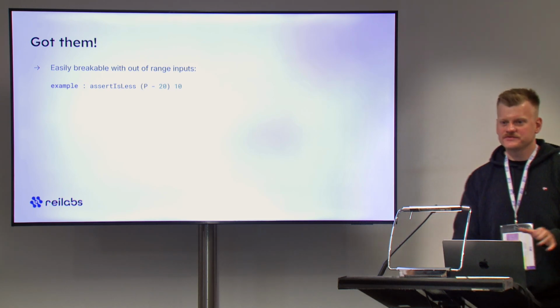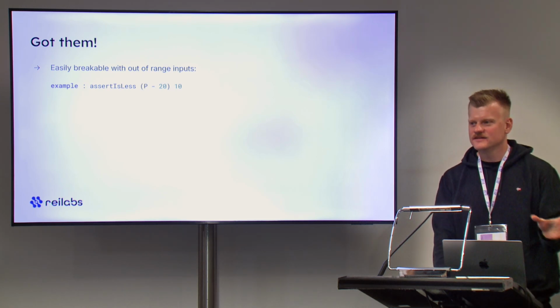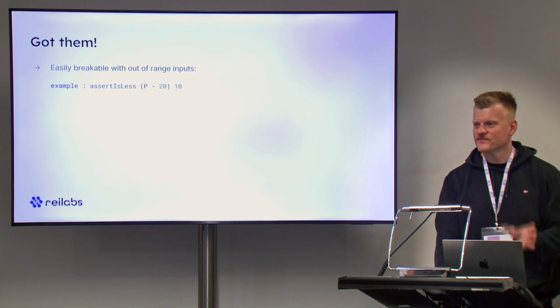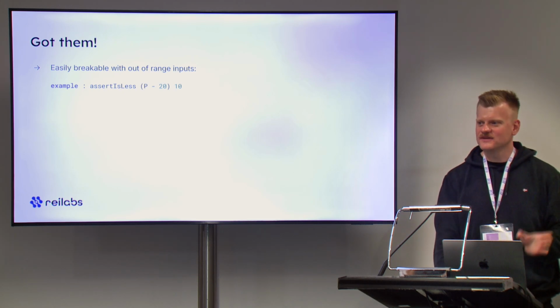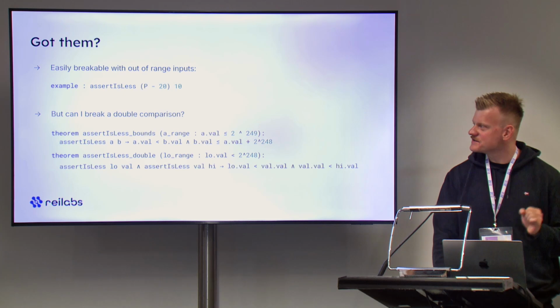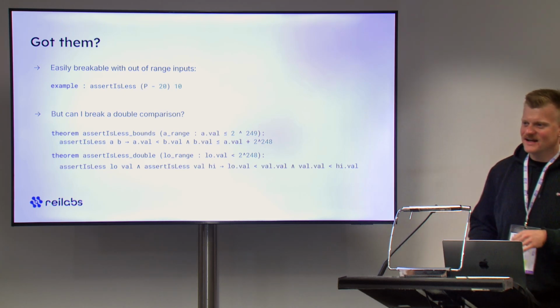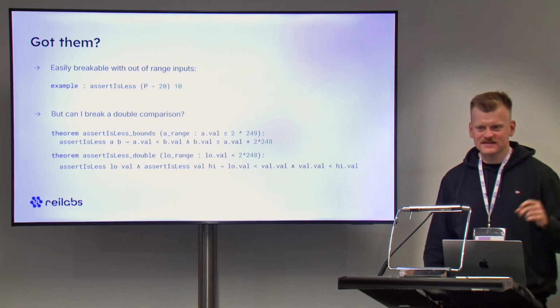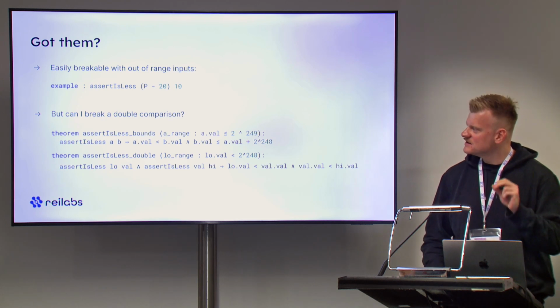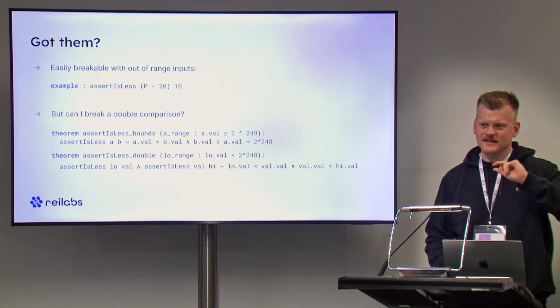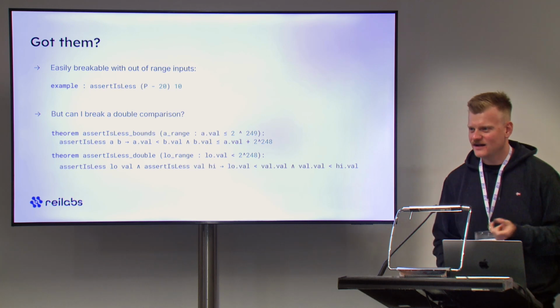So I'm trying to construct a counterexample for the whole thing. And now I'm cooked. It's actually impossible. This thing actually works. And I can use Lean to prove that the first comparison acts as an almost range check.